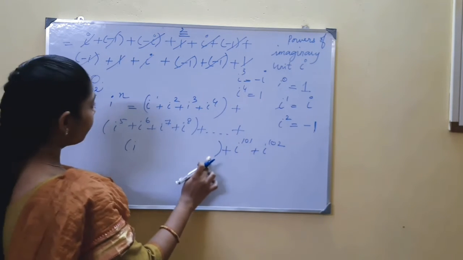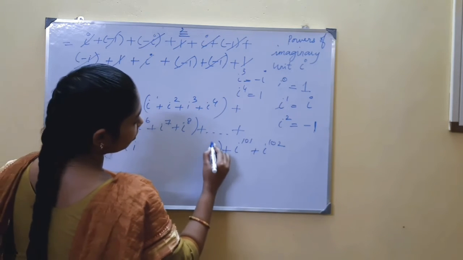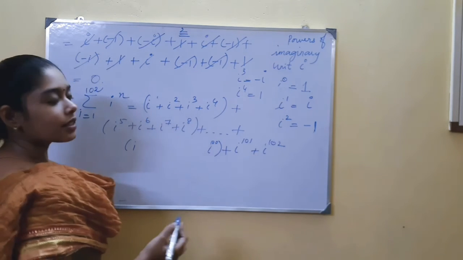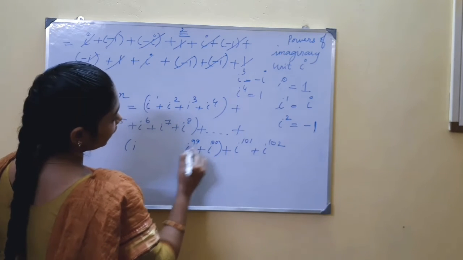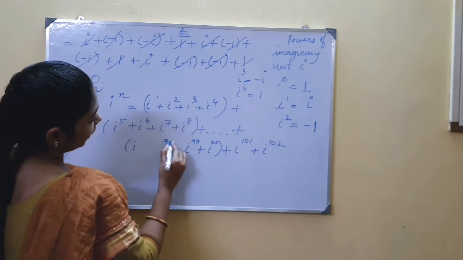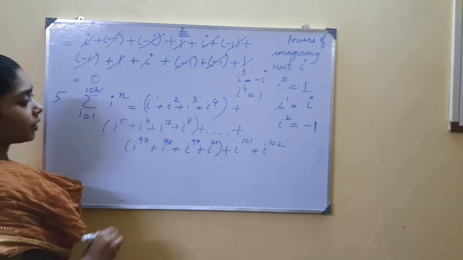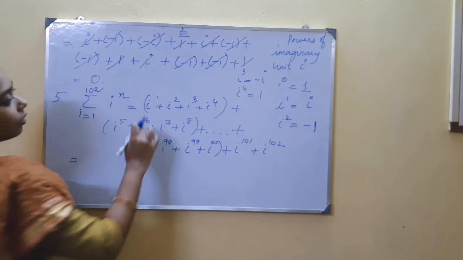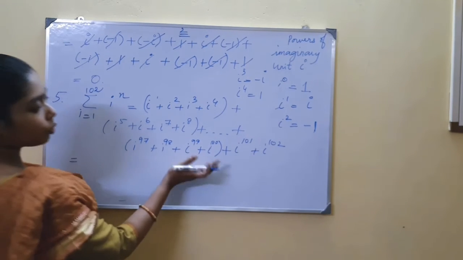Because I am just stopping over here, where the number exactly divides by 4. That is i to the power 100, which divides 25 times. So this is i to the power 97, 98, 99. Now the values for these will be repeated the same as here, up to this stage.